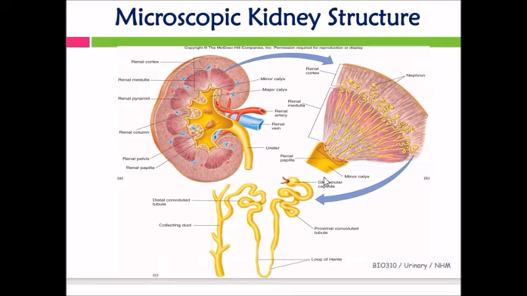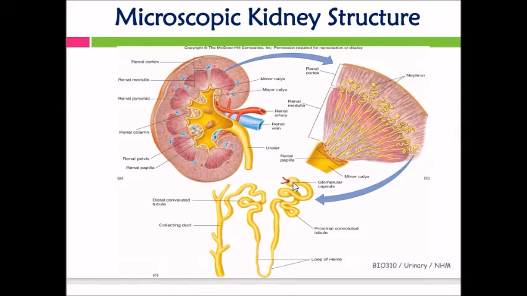So for the nephron here, this is the renal cortex, and the renal medulla, which refers to the renal pyramid. The nephron structure includes the glomerular capsule, also called the Bowman capsule, that surrounds the glomerulus.